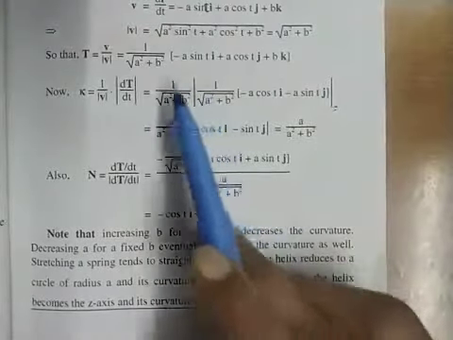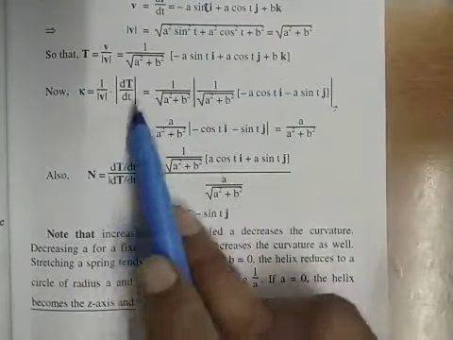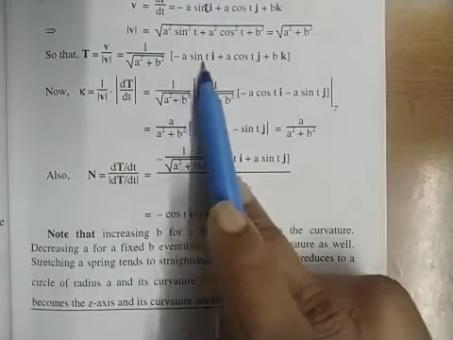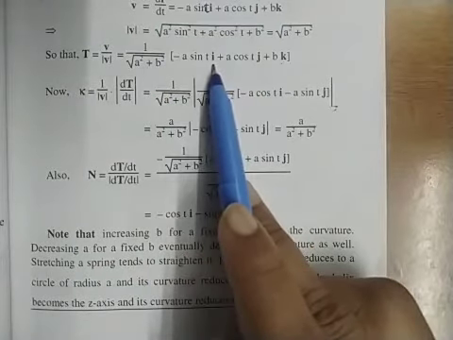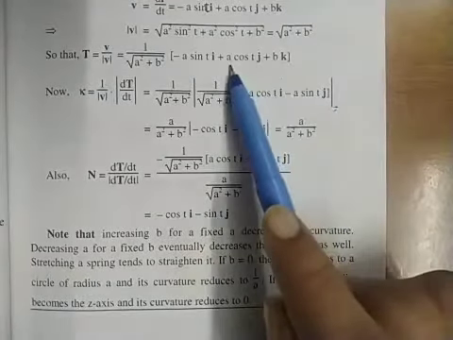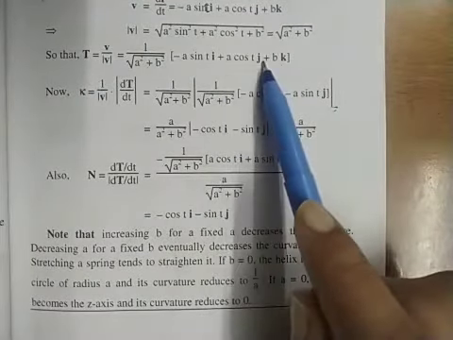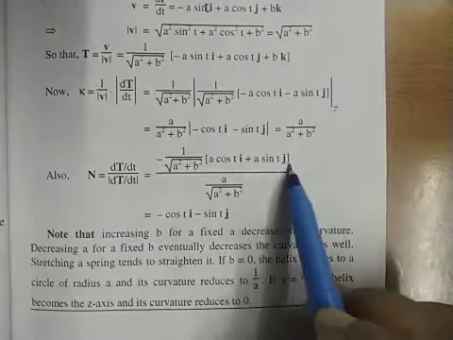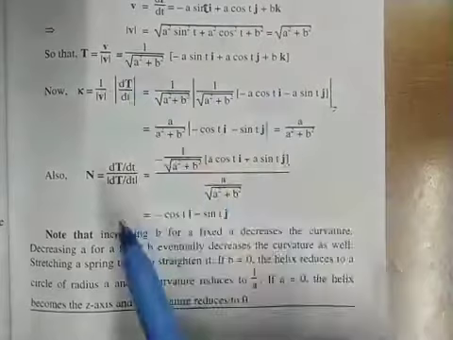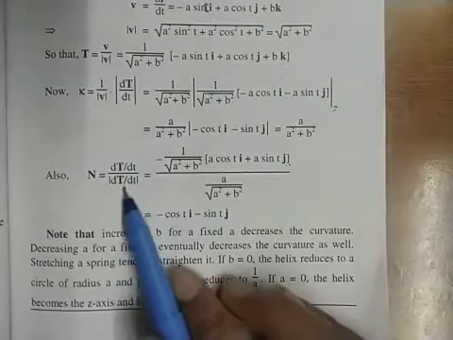Here the minus sign is taken common. Derivative of a sin t i is a cos t i. Derivative of a cos t j, with the minus sign, will be a sin t j, and the constant's derivative is 0. We have taken minus sign common, upon mod of dT/ds.